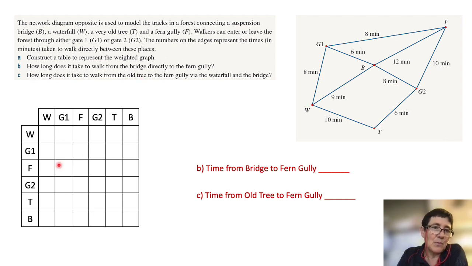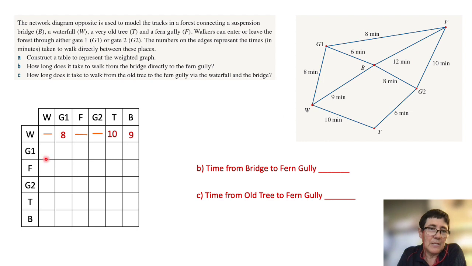So here's a table, and I'm just going to fill it in. So waterfall to waterfall, it doesn't exist, so there's a line. Waterfall to gate 1, 8 minutes. Waterfall to the Fern Gully, you can't get there directly, so nothing. Same, waterfall doesn't go to gate 2. Waterfall to the very old tree is 10, and waterfall to B, the bridge, is 9.